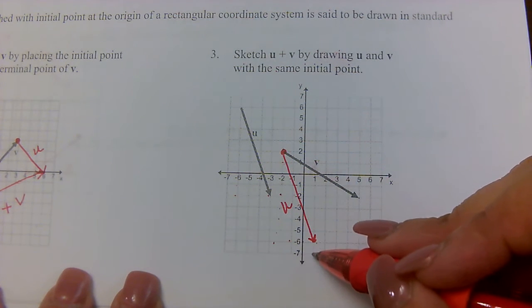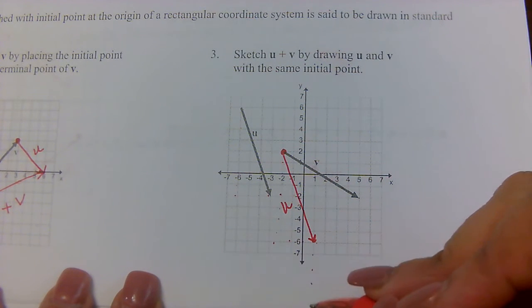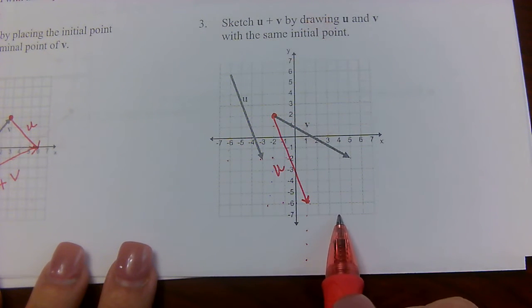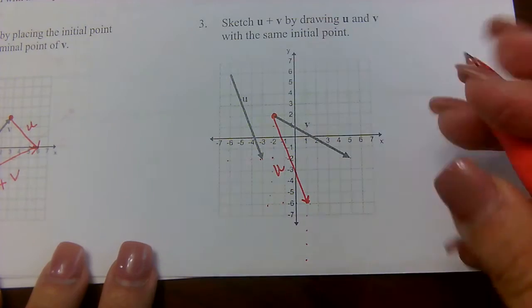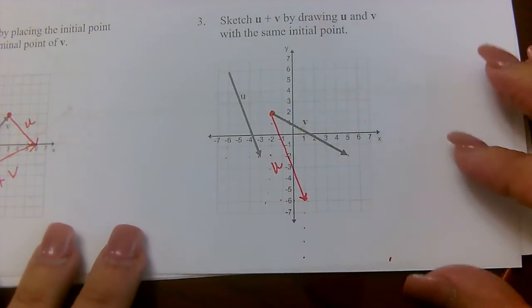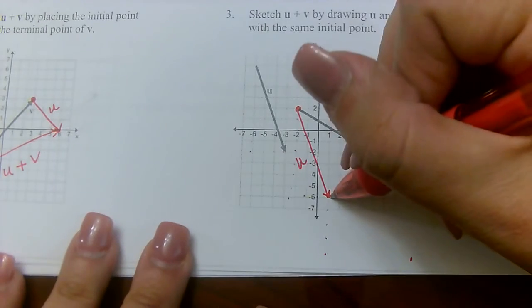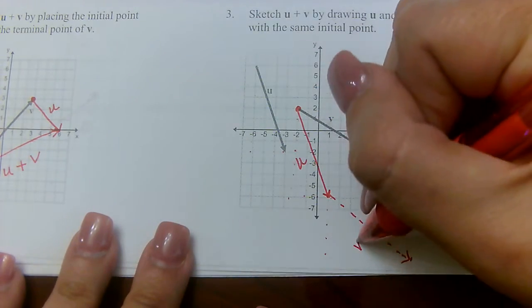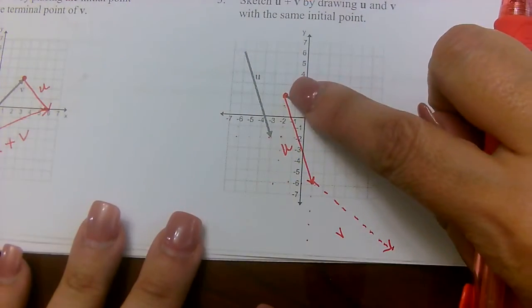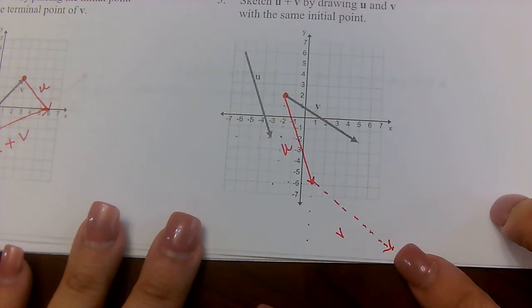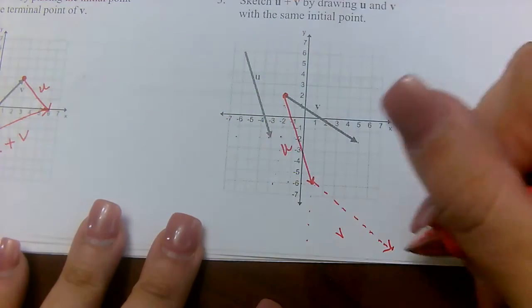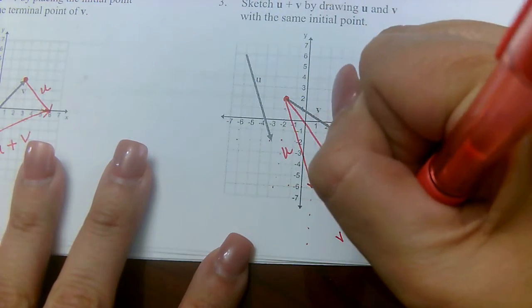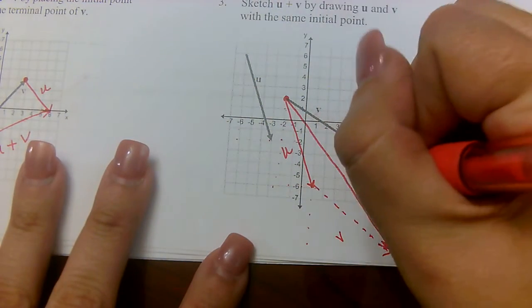So 4 down, and then 7 across. So it'll be a little bit off the page right there. Okay, so this is going to be my V.